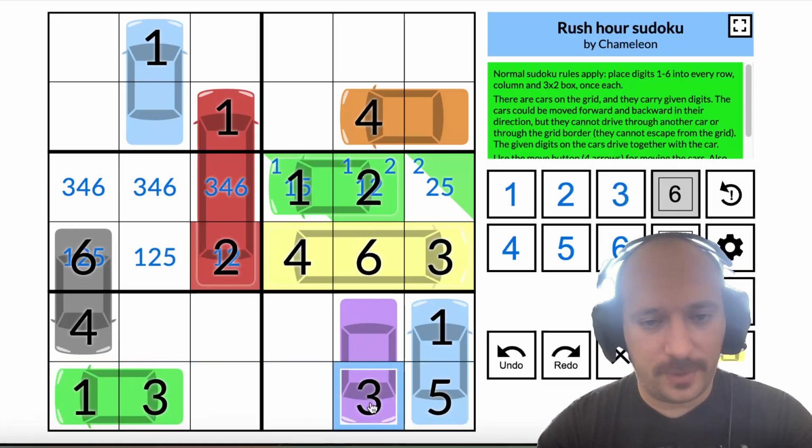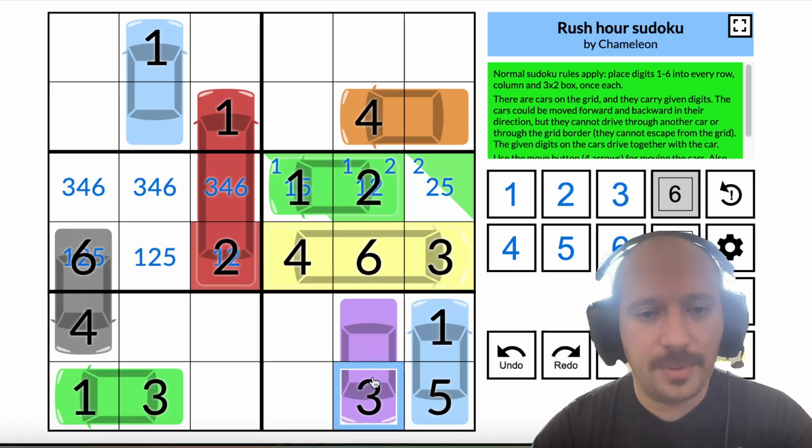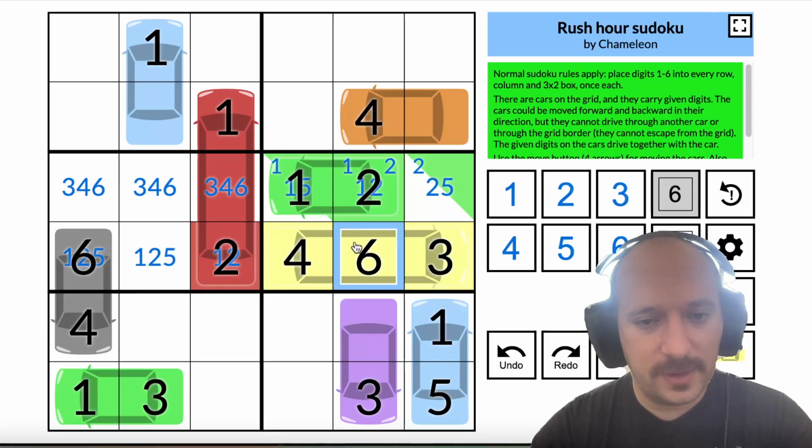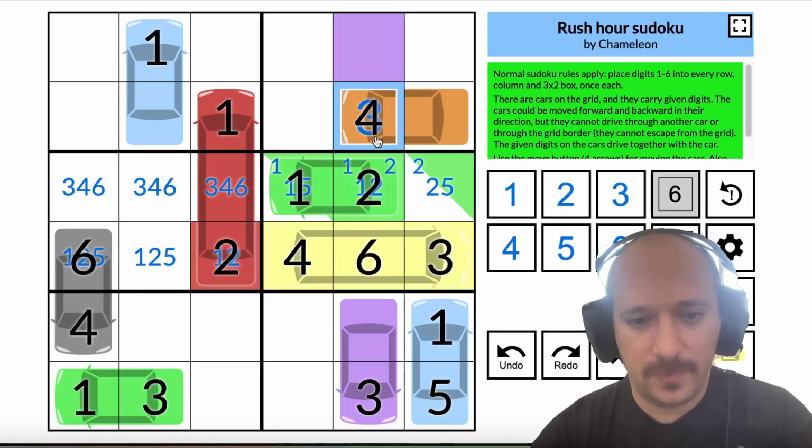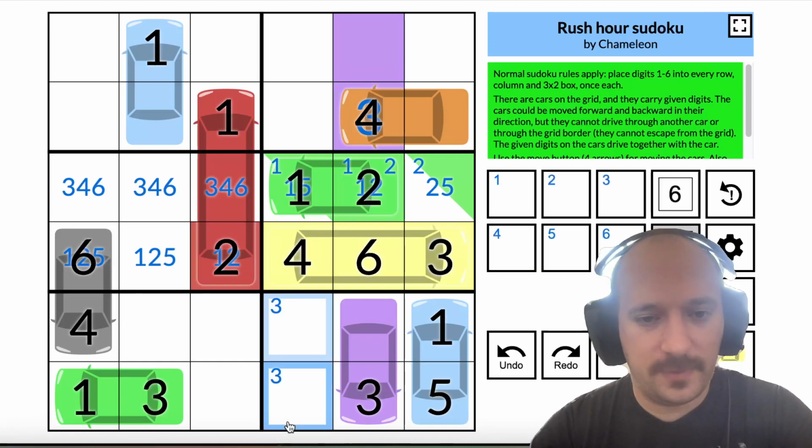So the purple car cannot stay here, so it must go up. But we already have this cell taken by the yellow, this cell taken by the green. So it actually must go all the way here. So we have that.